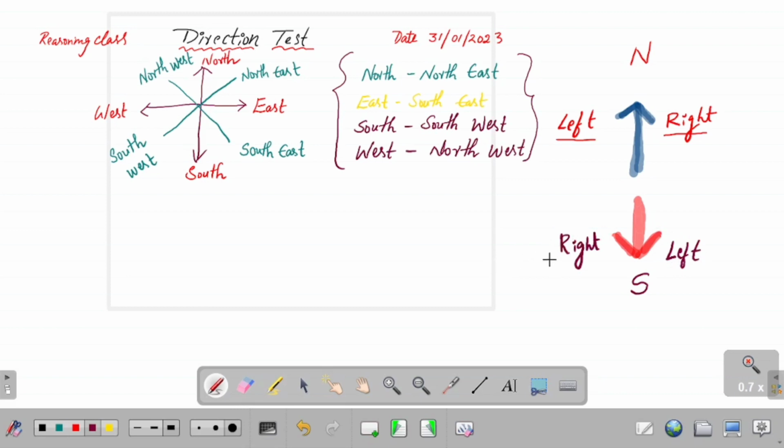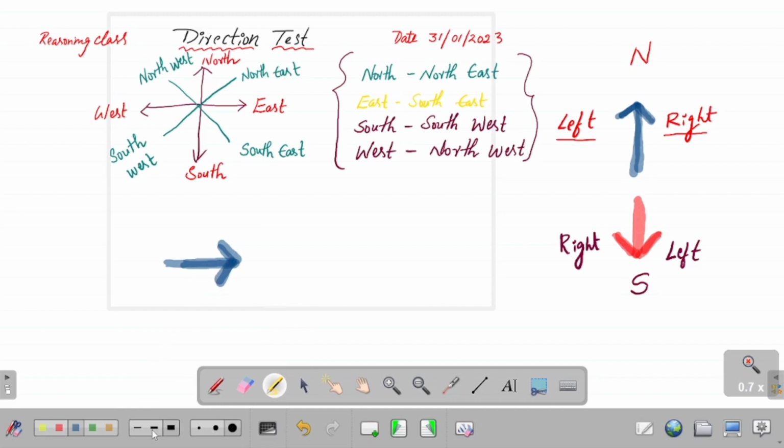Am I clear? So the two directions are completed. Next one, we will take one more arrow. Right now the arrow is placed towards the east direction.